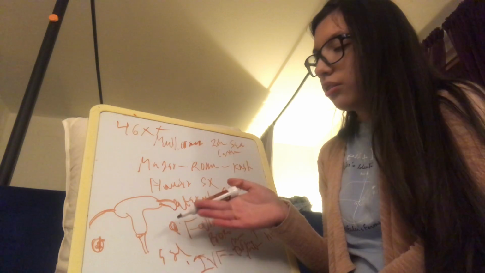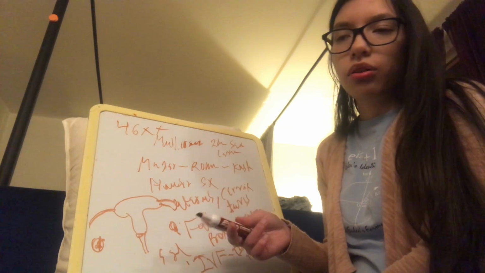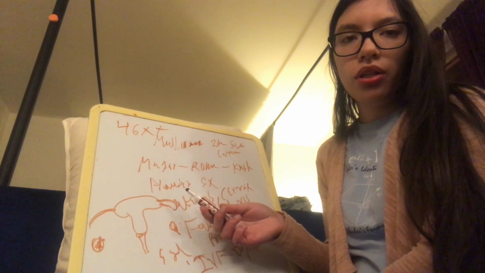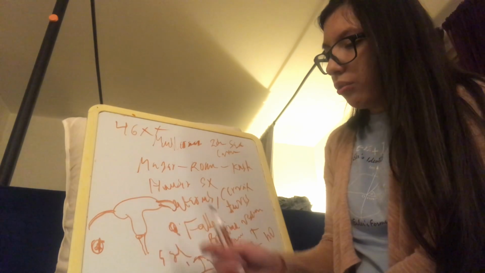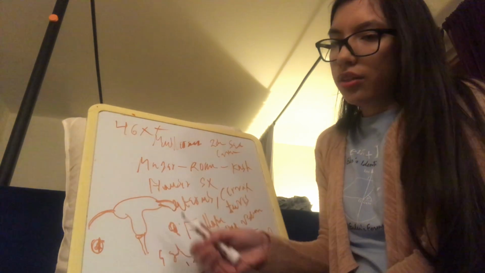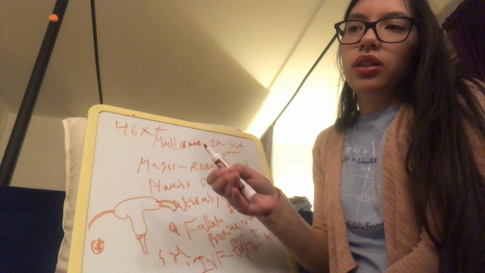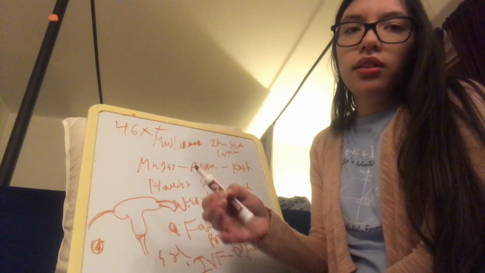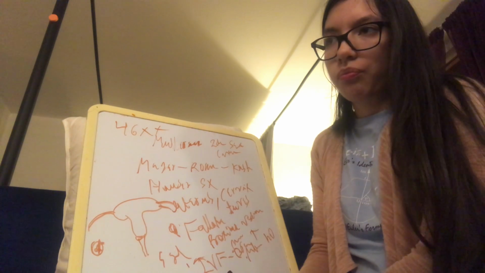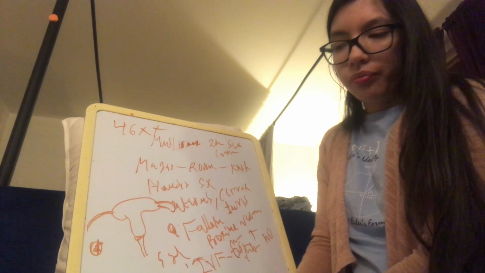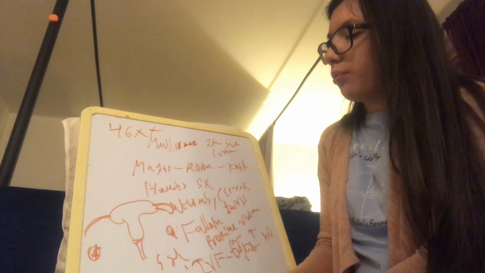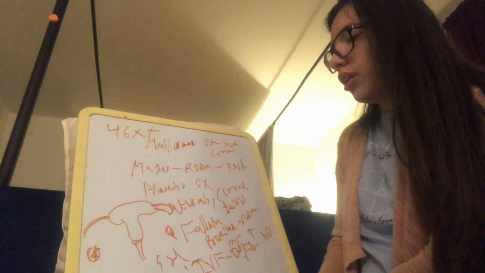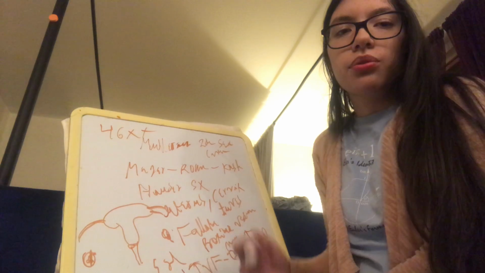The ovum, or the egg, can come from this patient, but the patient has no uterus to carry the pregnancy. So this egg should be injected into a surrogate mother, and she will carry the pregnancy, and then the baby will be born, and then this patient will have it. The issue is that this patient has no uterus to carry the pregnancy.